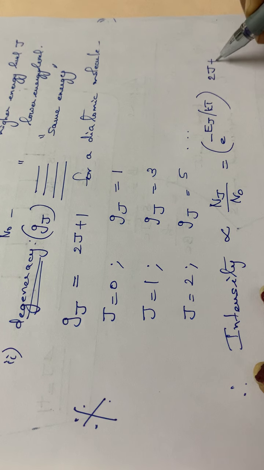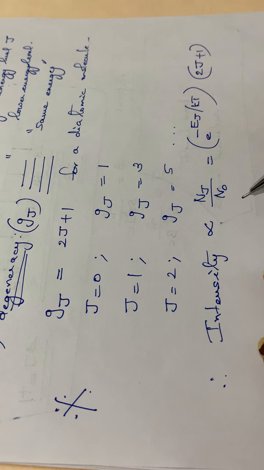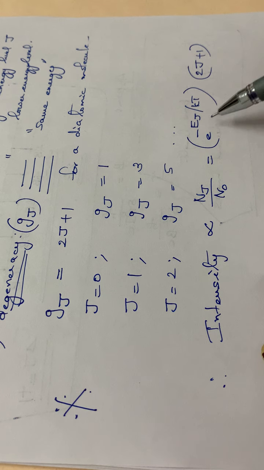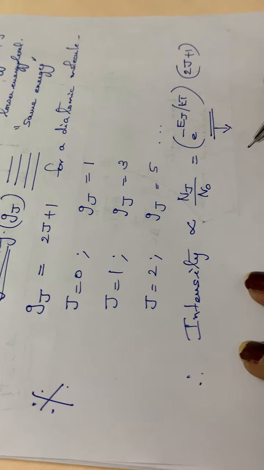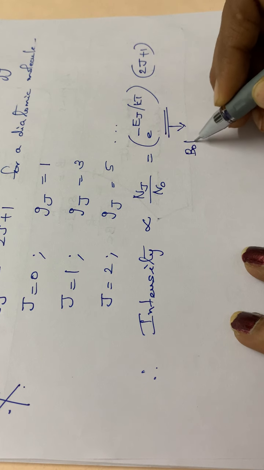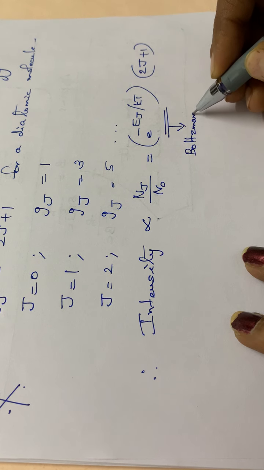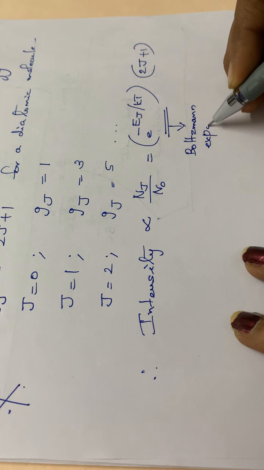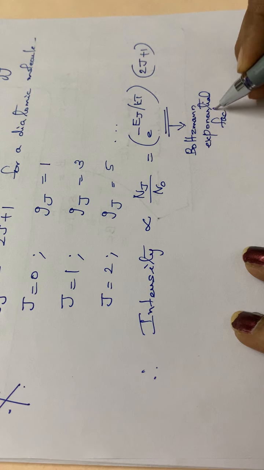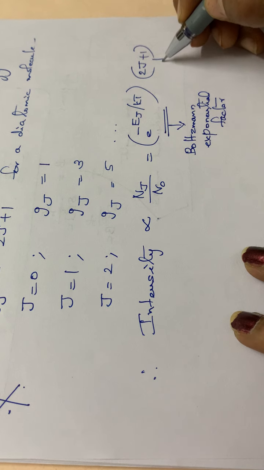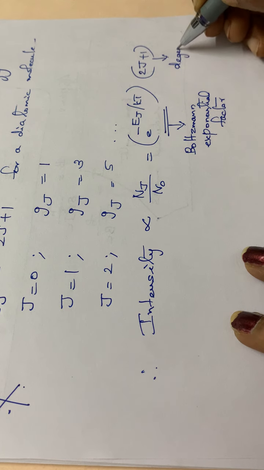So the intensity is determined by the product of the Boltzmann exponential factor and the term that gives the degeneracy.